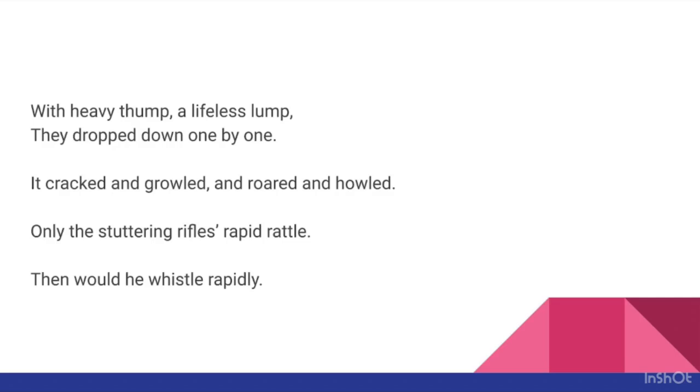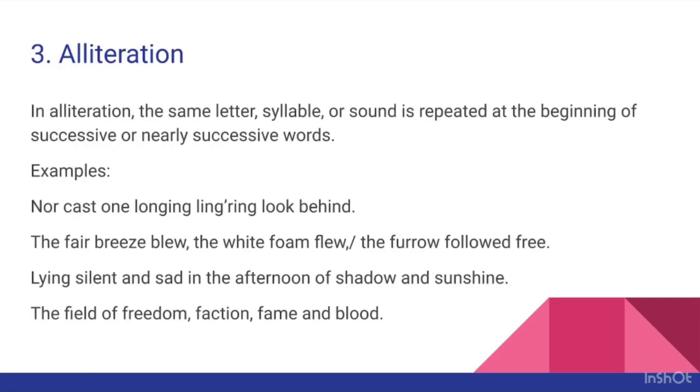Now let us move on to the next figure of speech, alliteration. In alliteration, the same letter, syllable, or sound is repeated at the beginning of successive or nearly successive words.